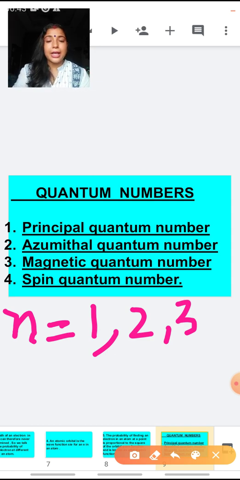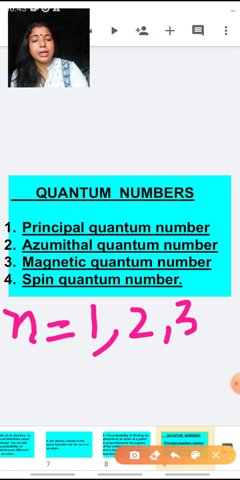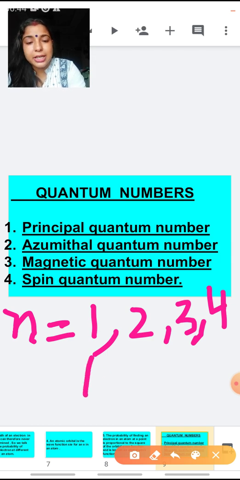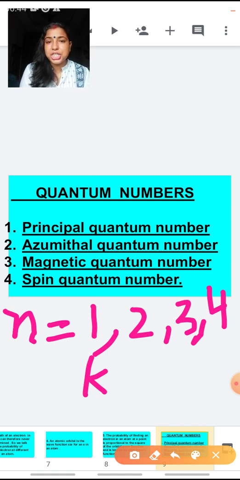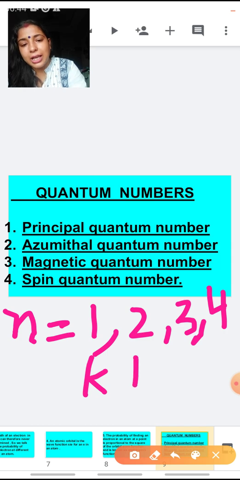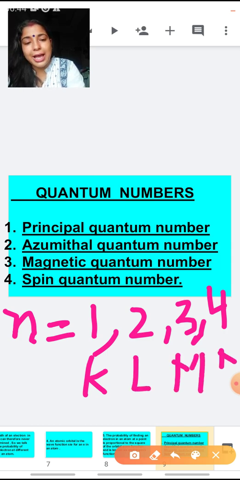So n will be equal to 1, 2, 3 or it can be 4 also. Now, what is the meaning of 1? It means the K shell. You've learned about this concept in 10th standard: K, L, M and N shells.